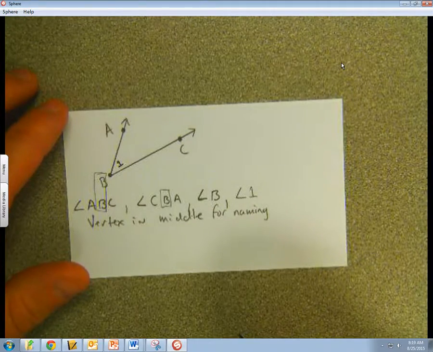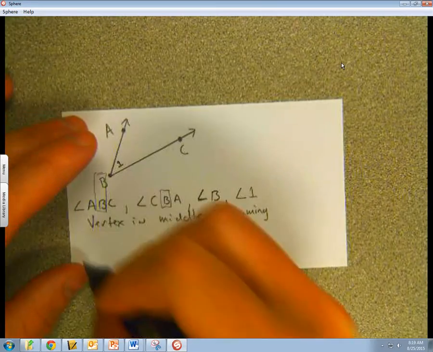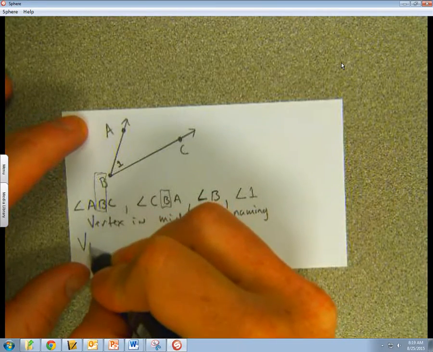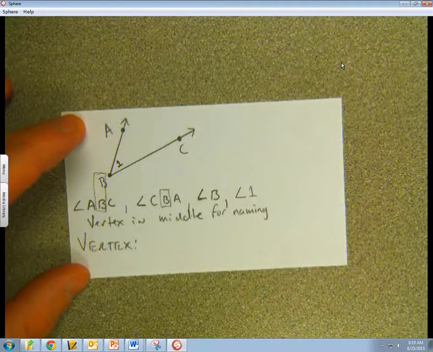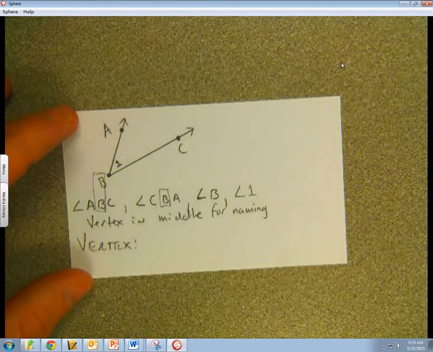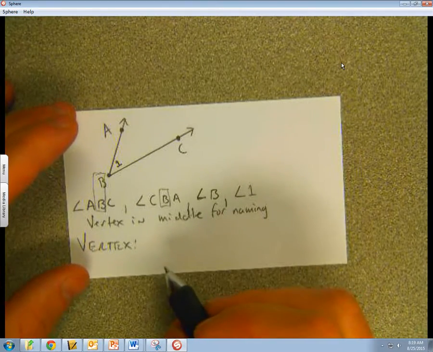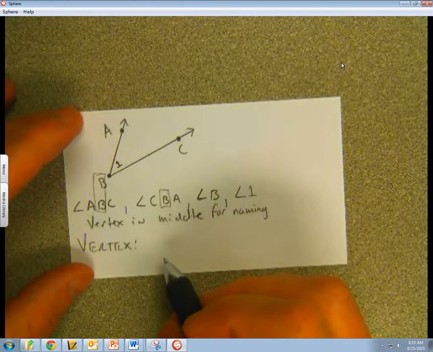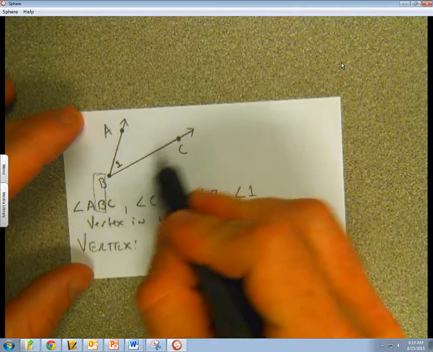Okay, so what's this whole vertex thing? Vertex is, geometrically, if you notice right here, we drew a ray. We started at B and we went out.